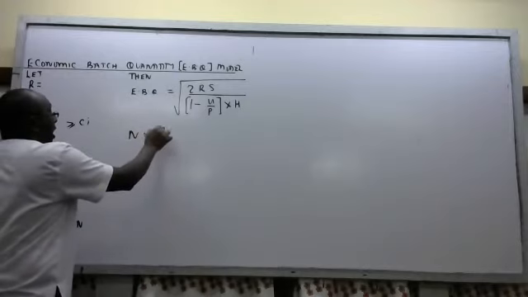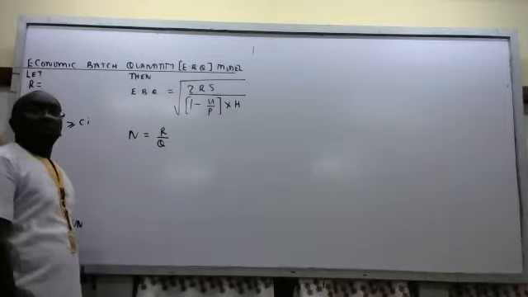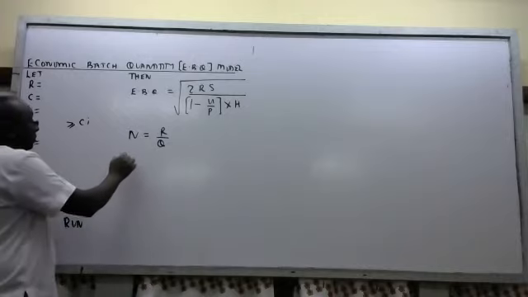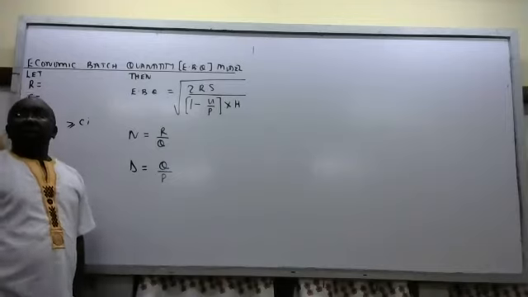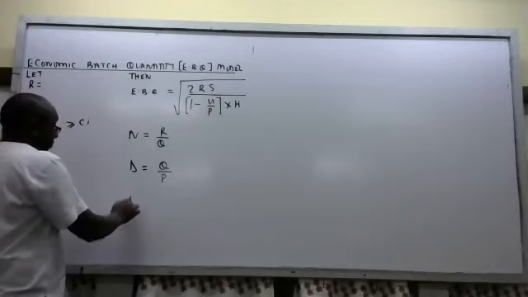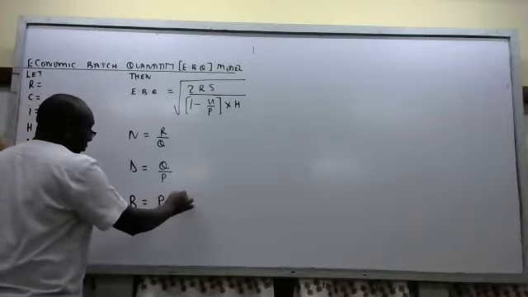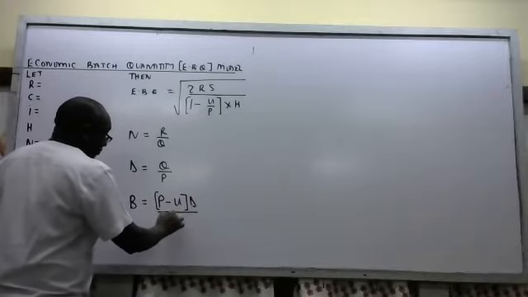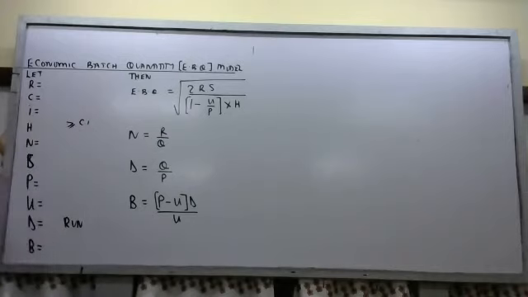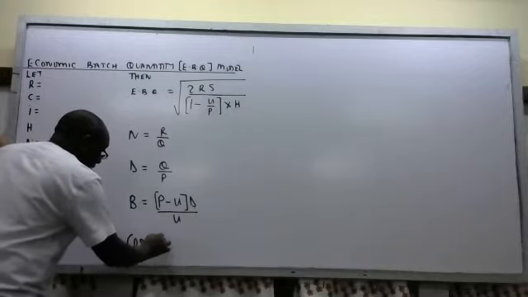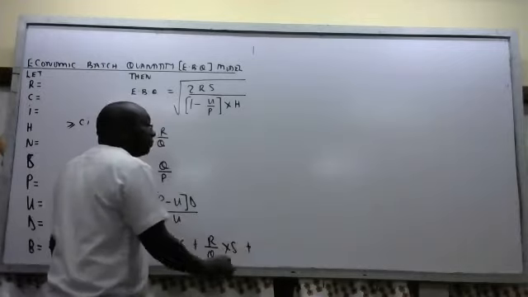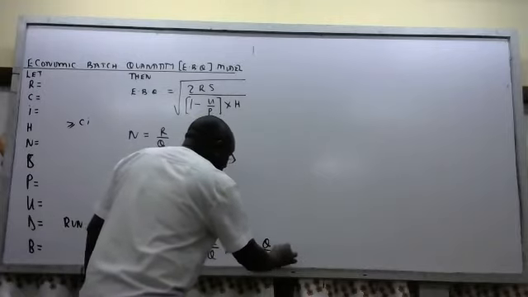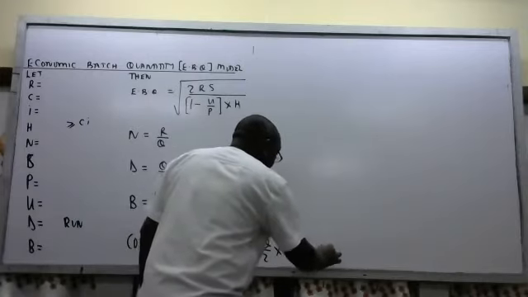N is R out of Q. D is Q out of P. B is P minus U multiplied by D, divided by U. Costs will be R times C plus R out of Q times S plus Q out of 2 times H times 1 minus U out of P.